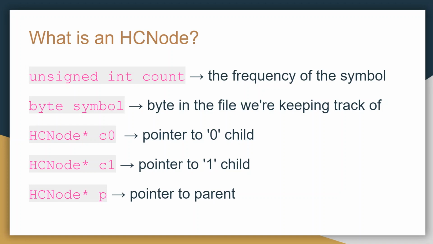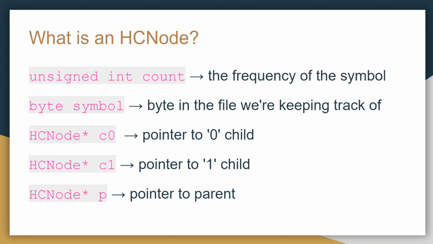What is an HC node? So an HC node consists of count and symbol. So the count represents the frequency of a symbol in the input file you're given to compress. The symbol represents the symbol that you are working with. And then we have C1 and C0, and those represent the children of this HC node.